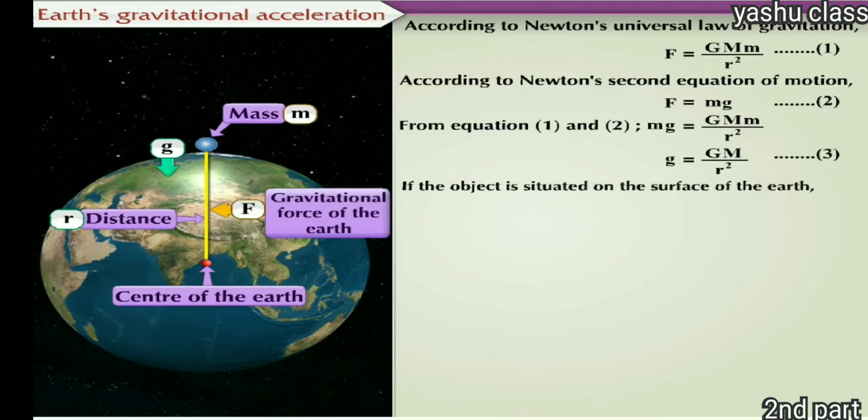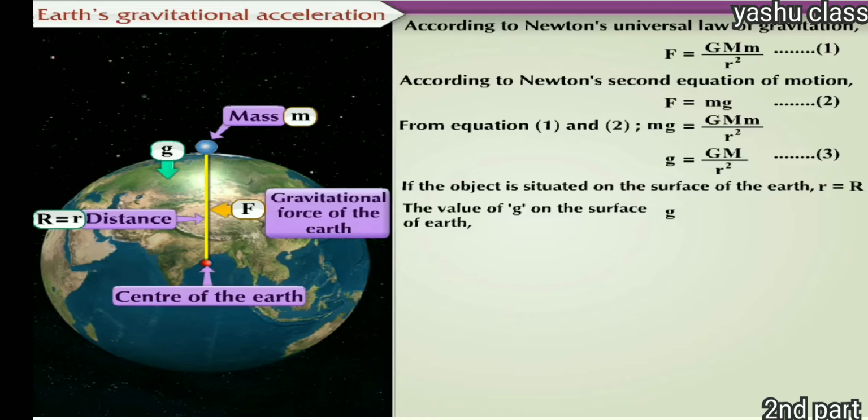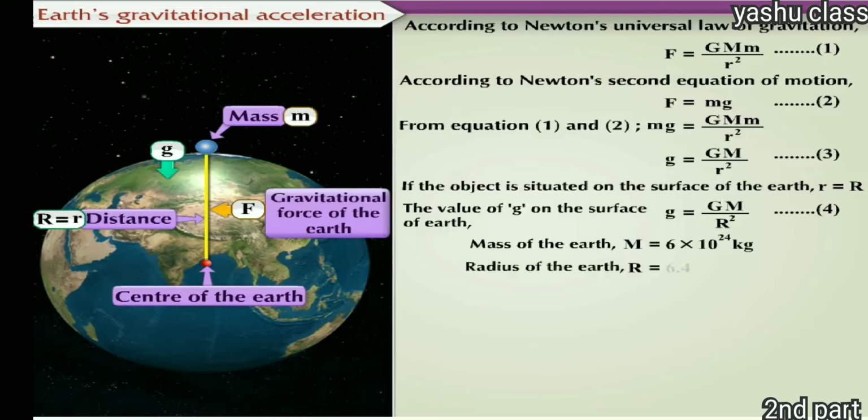If the object is situated on the surface of the earth, then small r is equal to capital R, which is equal to the radius of the earth. Therefore, the value of small g on the surface of earth is equal to capital G into capital M upon capital R square. This is equation 4. Mass of the earth is equal to 6 into 10 raised to 24 kilograms and its radius is equal to 6.4 into 10 raised to 6 meters.